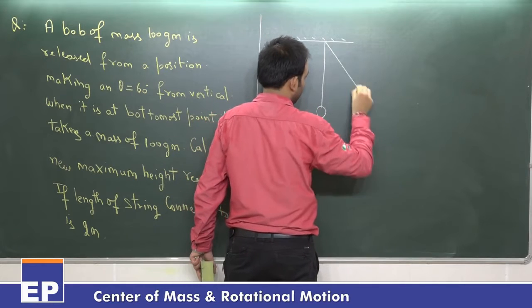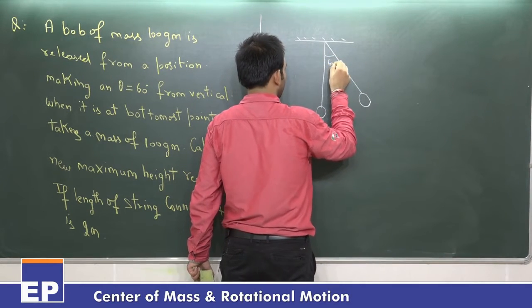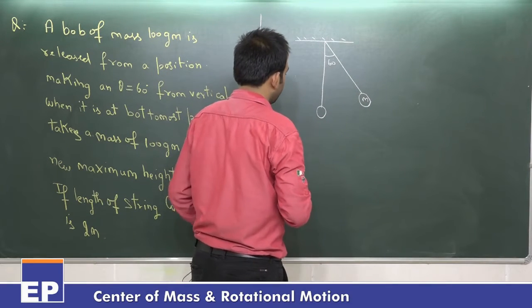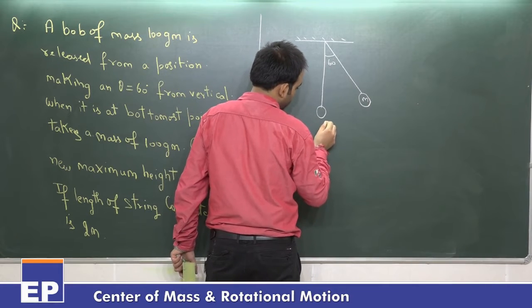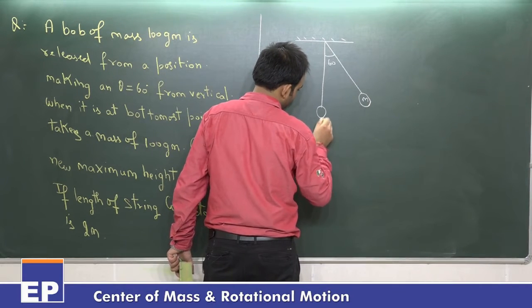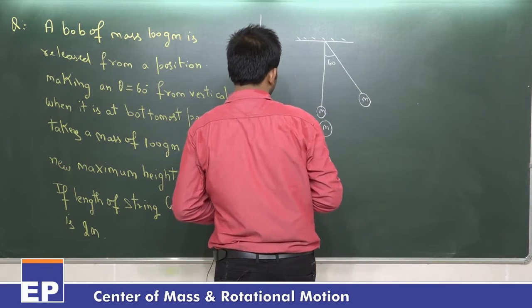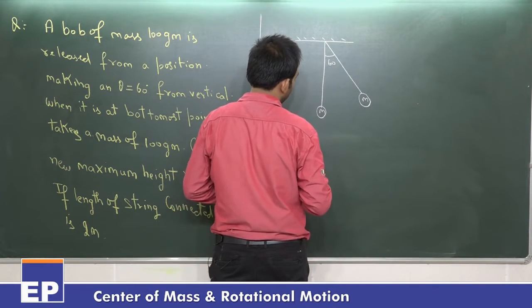It is released from this position, but when it reaches the bottommost position, it gains mass, becoming 2m. There is one more mass there. This is m, this is also m. When it reaches there, it will become 2m.